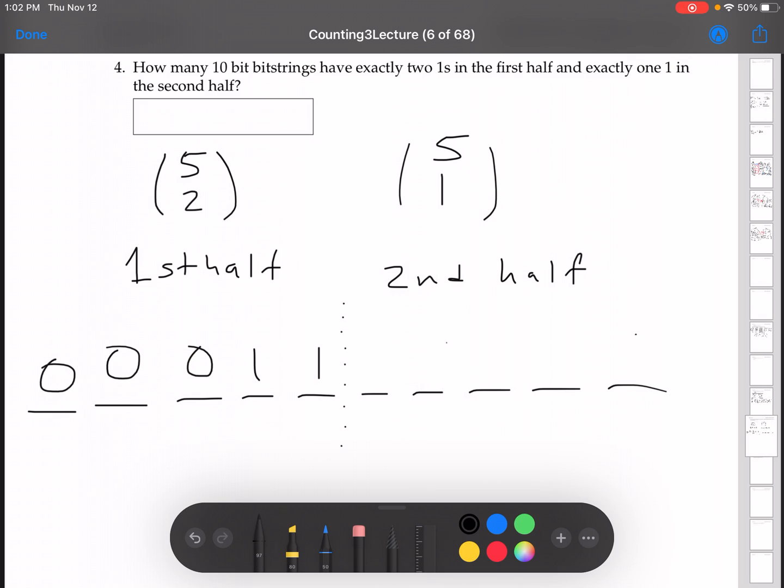All right, so the total number of 10-bit bit strings that have exactly 2 ones in the first half and exactly 1 one in the second half is the number of ways that you can distribute 2 ones to 5 positions multiplied by the number of ways that you can distribute 1 one to 5 positions and then have zeros everywhere else.